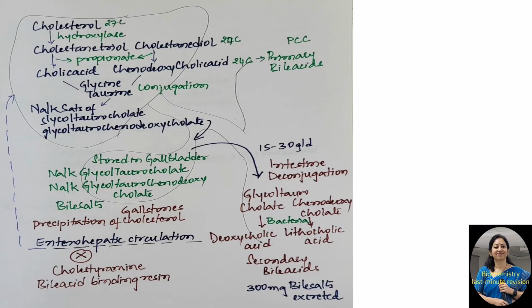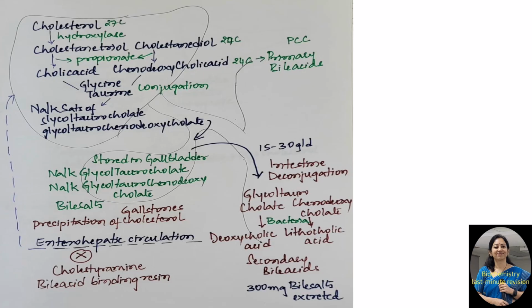Now through common bile duct they enter into the small intestine. So in the intestine they undergo deconjugation with the help of the intestinal bacteria, wherein cholic acid gets converted to deoxycholic acid, and chenodeoxycholic acid gets converted to lithocholic acid, and these are secondary bile acids. Most of the secondary bile acids undergo enterohepatic circulation and reach back to the liver.